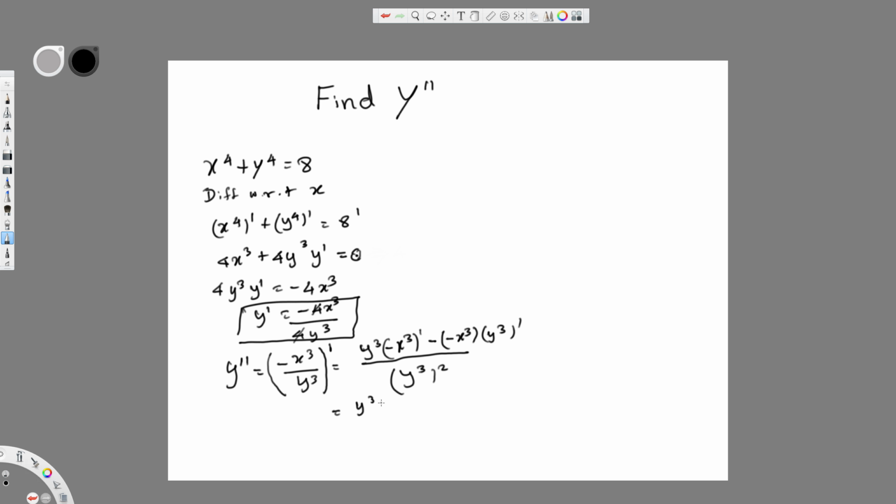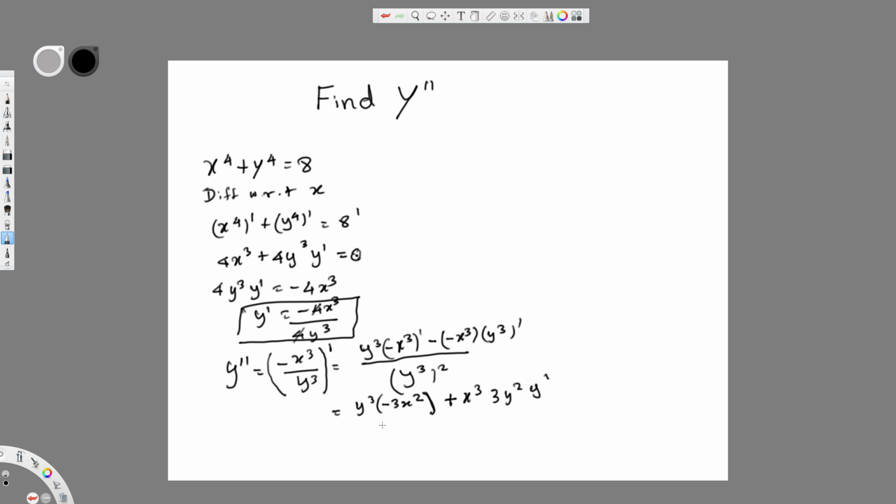So now it's going to be y cube times minus 3x square, and minus minus becomes plus, so it's going to be x cube, remaining the same, but y cube prime, as I said already, you have to use chain rule, so it's going to be 3y square and another y prime.